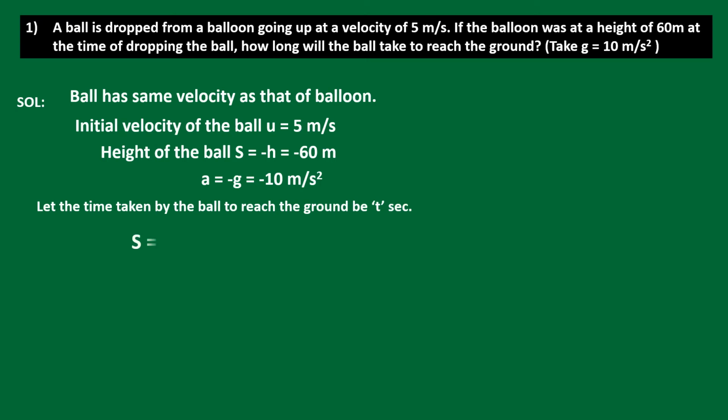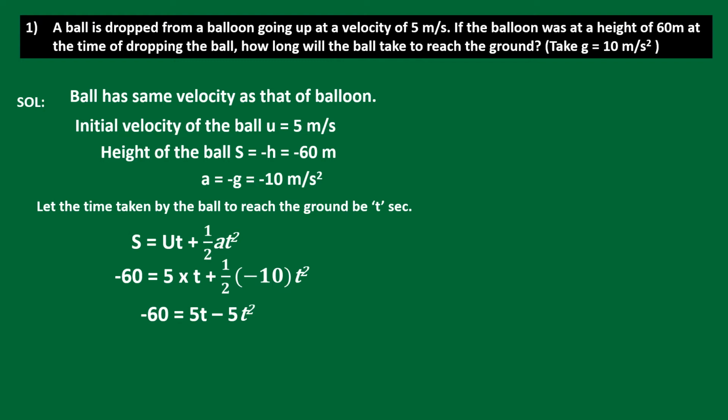By using the formula s is equal to ut plus half at square, we can solve this problem. Now substitute the above values in the formula. We get minus 60 is equal to 5 into t plus half into minus 10 into t square. That is, minus 60 is equal to 5t minus 5t square. 5t square minus 5t minus 60 is equal to 0. If you simplify this, you will get t square minus t minus 12 is equal to 0.